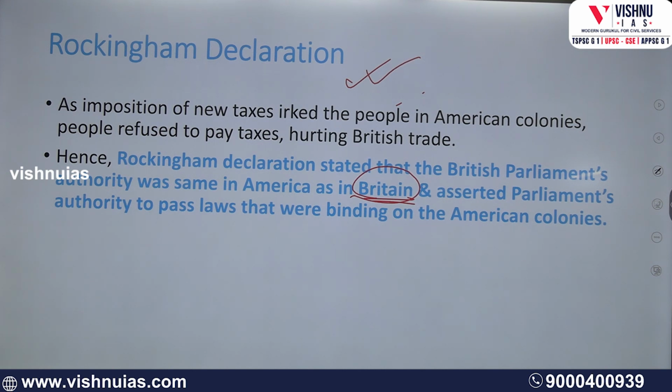I would always request you, until and unless it's a quotation, try to write in your own words. That way you will always remember. So just simple: British Parliament can make any law on America just like they make any law for Britain. They are supreme with regards to that. Clear?